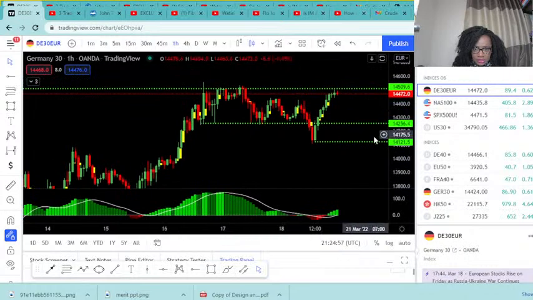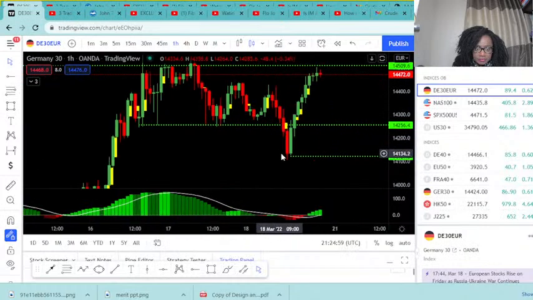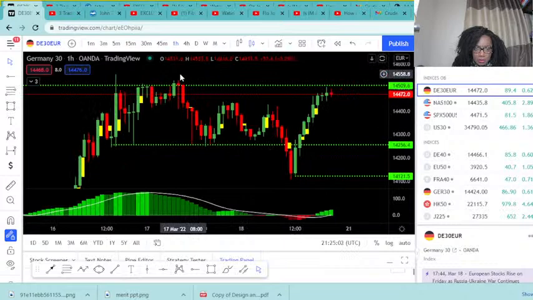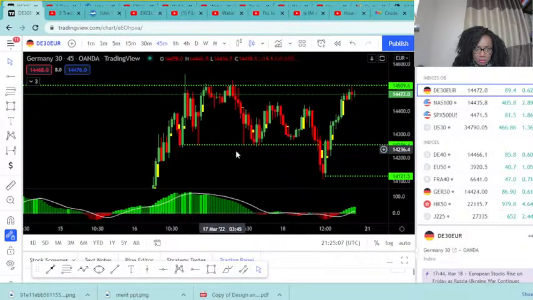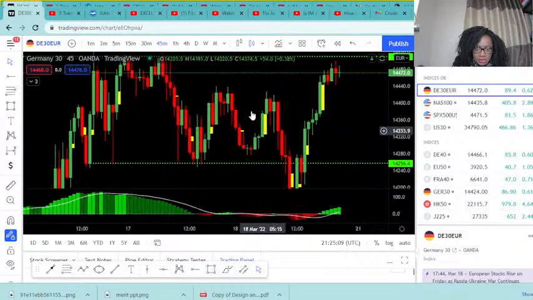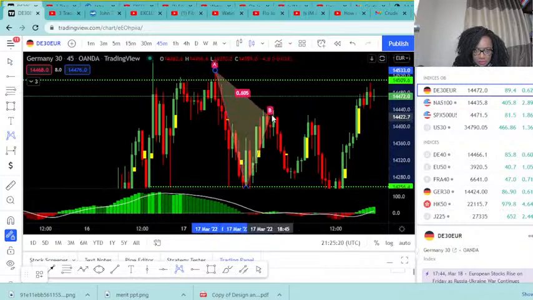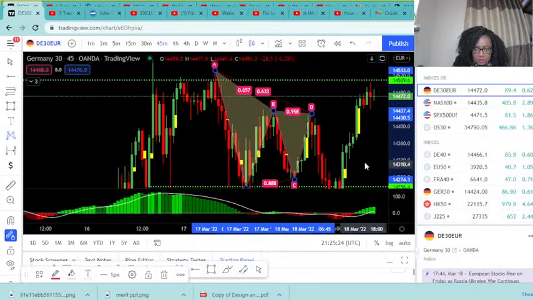So the challenge then, therefore, is to see what the chart movements will say as far as tomorrow is concerned. I can see some patterns. Some harmonic patterns playing out.